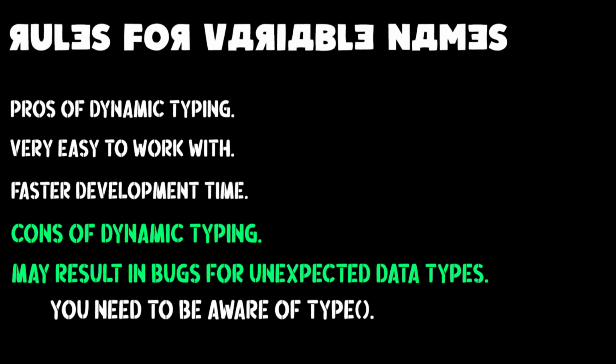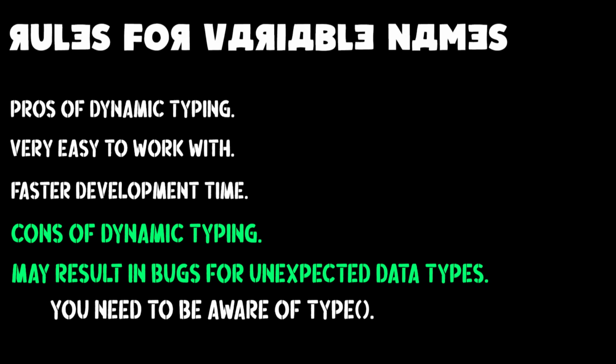So you would say, okay, we know that Python is dynamically typed, but what are the pros and cons of it? It's very easy to work with. The first pro is that your code is more readable, because you don't have to read first the type and then the variable. You can just directly read the variable name and work with it instead.